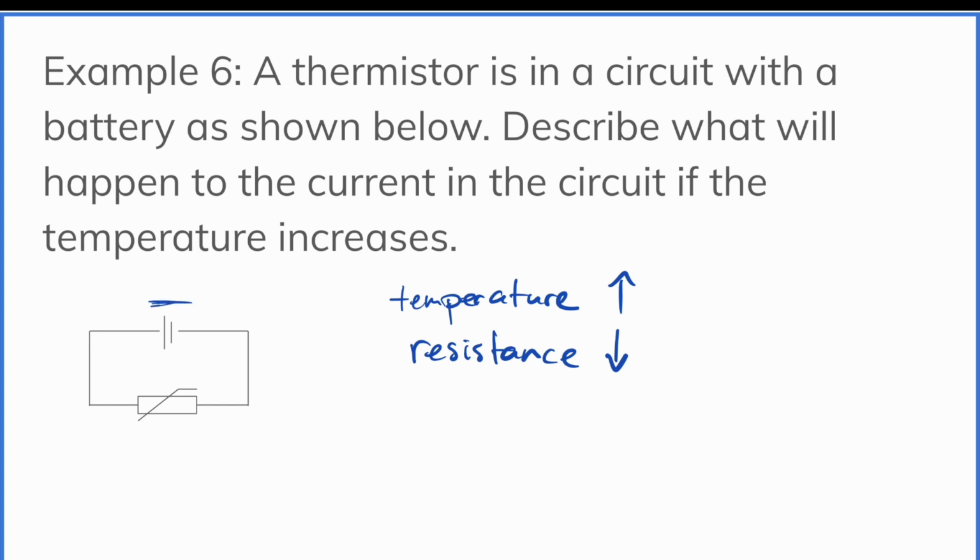The amount of energy provided to the circuit will be the same. So V is constant. So that means that if V is constant and V is equal to I times R, if the resistance goes down, the current goes up. So if the temperature increases, resistance will go down, current will increase.